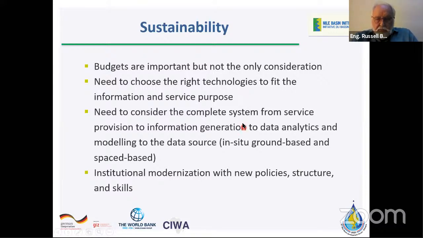We need to consider the complete system from the service provision, information generation, to the data analytics and modeling, and to the data source, and look at how we leverage the on-ground base stations as well as the space-based stations to the maximum advantage. Of course, sustainability needs to consider the institutional modernization, which will include new policies, structures, and new skills.